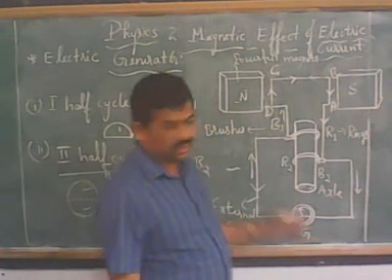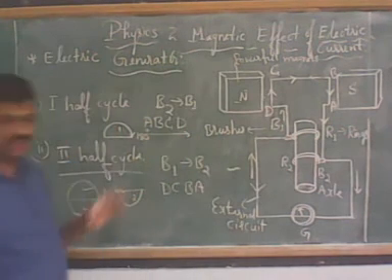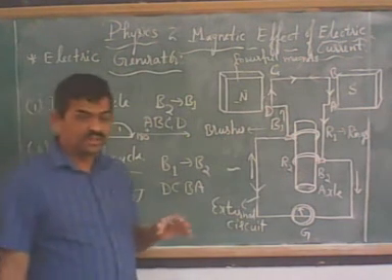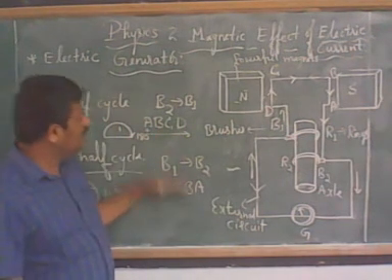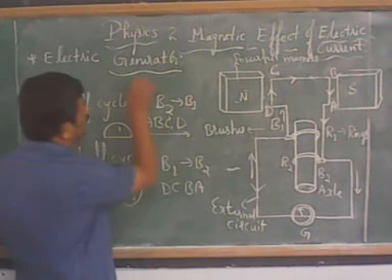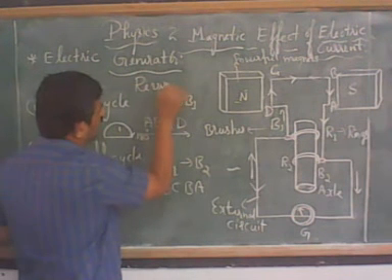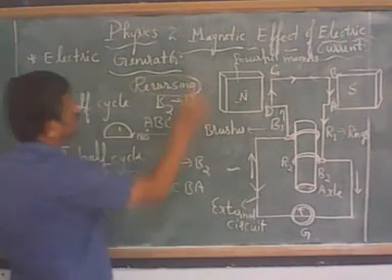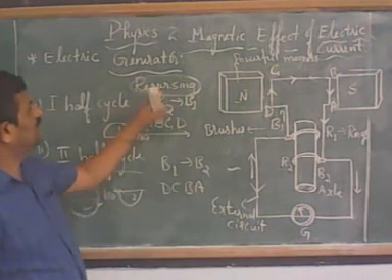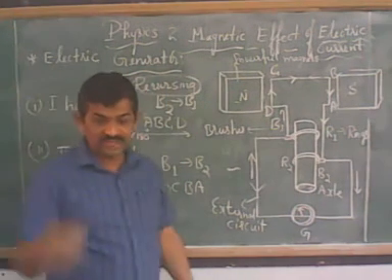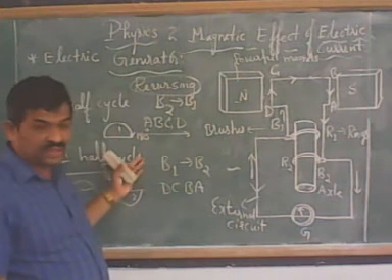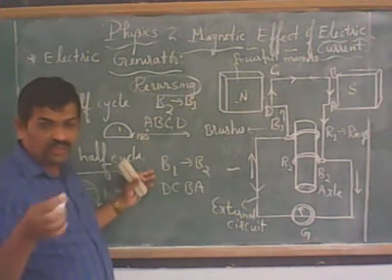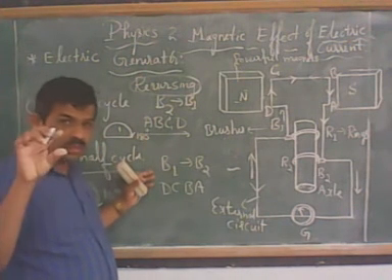Very important. Between the first half cycle and second half cycle, what do we need to understand? For each half cycle, the generated current is reversing, periodically, within a particular time limit.